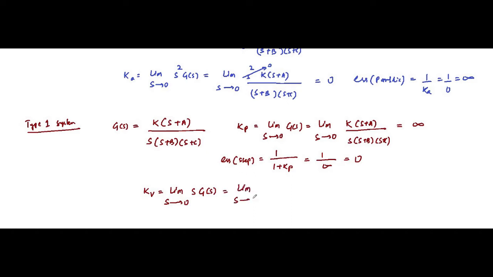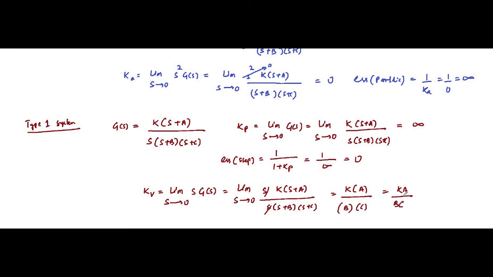Okay, so here it is limit s tends to 0 of s multiplied with K into (s plus a) by s into (s plus b) into (s plus c). The s gets cancelled in both the numerator and denominator. When we substitute it with 0, it becomes K into (0 plus a), which is equal to a. Then in the denominator (s plus b), we substitute, it will be 0 plus b, which means only b, and 0 plus c, which is equal to c.